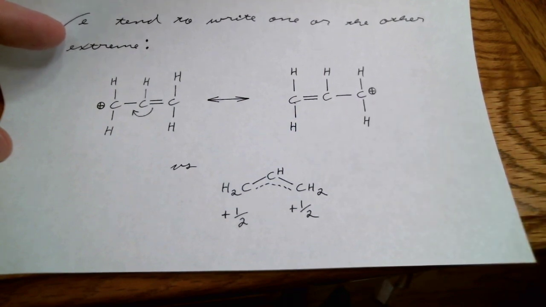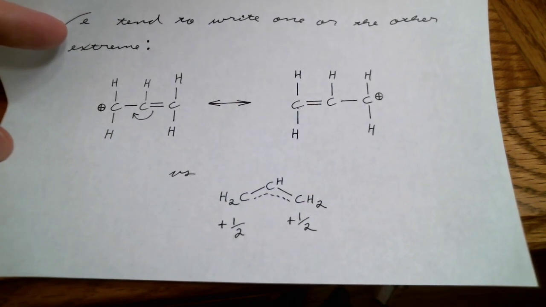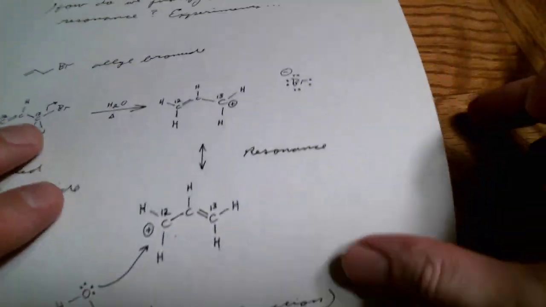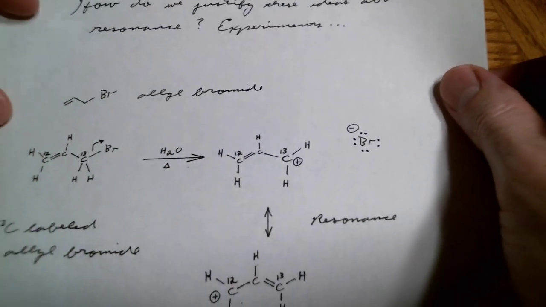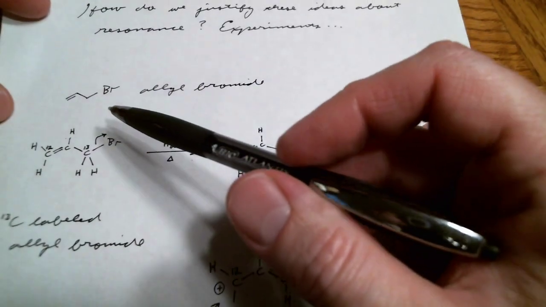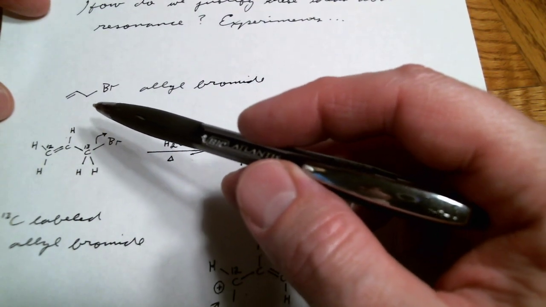How do we justify our notions about these ideas? And we actually do this through experiments. So, last idea for this video. And so here's allyl bromide. Now, I have not written all the hydrogen atoms explicitly.